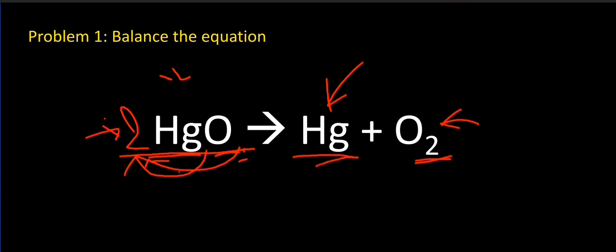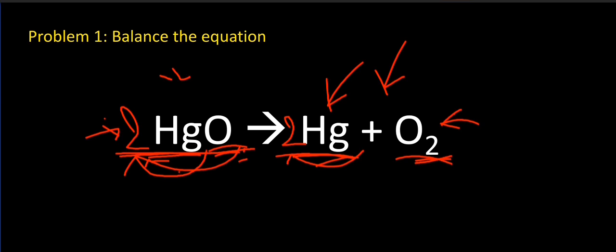We can easily solve this by putting a 2 here. That means 1 times 2 mercury atoms on the product side too. That means the equation should be balanced now. There are 2 mercury atoms here and 2 mercury atoms on this side too. We have 2 oxygen atoms here and 2 oxygen atoms here too. So the equation is now balanced.